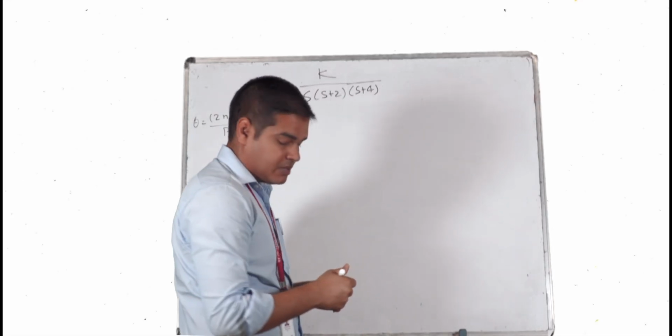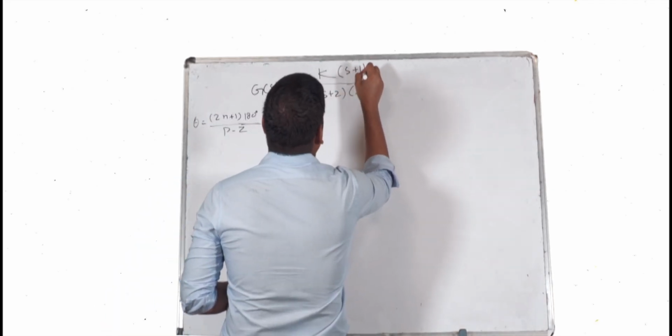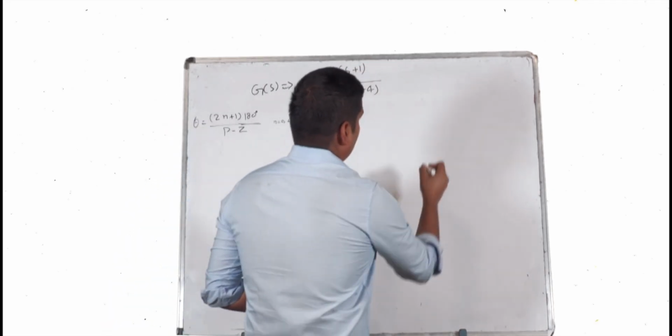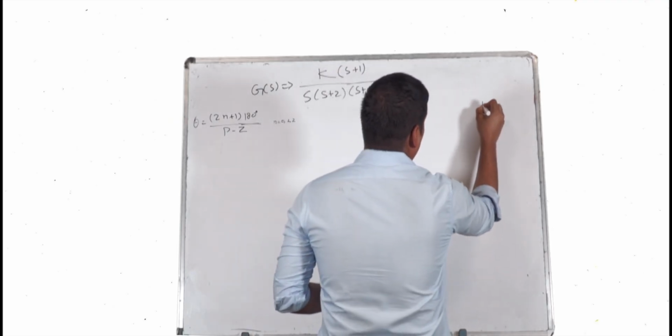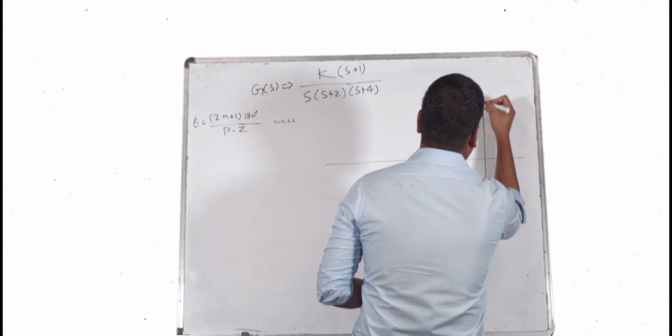So now we will simply add one zero in the system, at -1. And now let us draw the pole-zero diagram for this one.